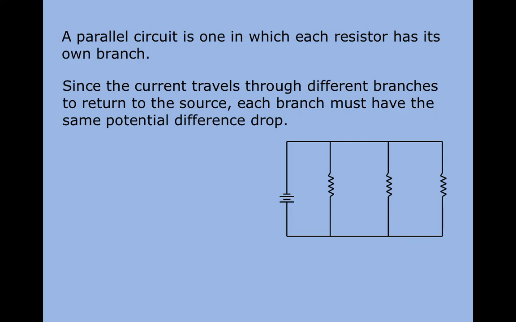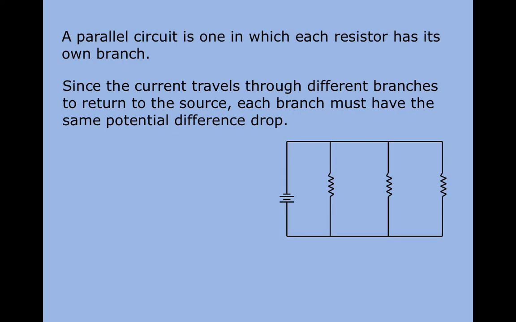So in this diagram, current, we follow electrons, is going to leave the top, travel up around that first corner, and then it gets to what we call a junction, where you see that resistor is connected to it. At that junction, some of the current will decide to go through that first resistor. It'll come down to the bottom of the circuit, and it will go back around to the battery.